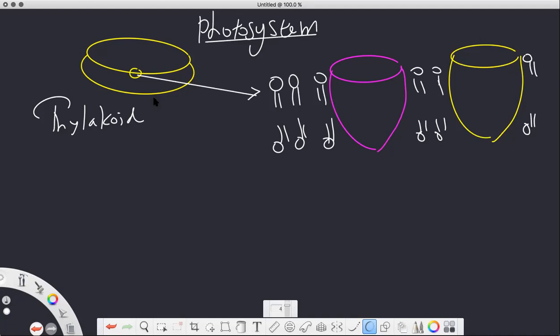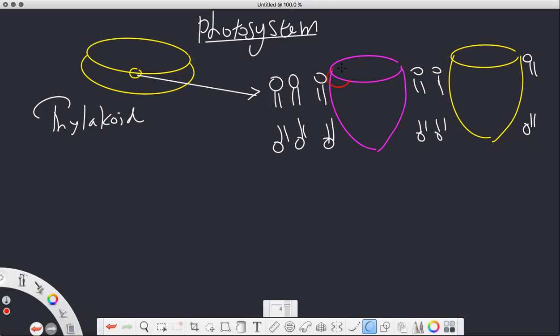But you can see the phospholipid bilayer, and there are two protein complexes. Now, why are these protein complexes important? These protein complexes are made with a collection of different proteins, molecules, and also pigments.